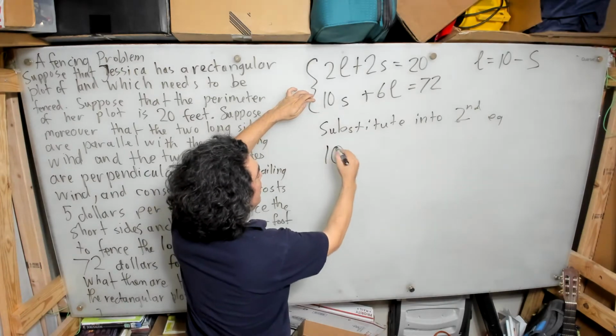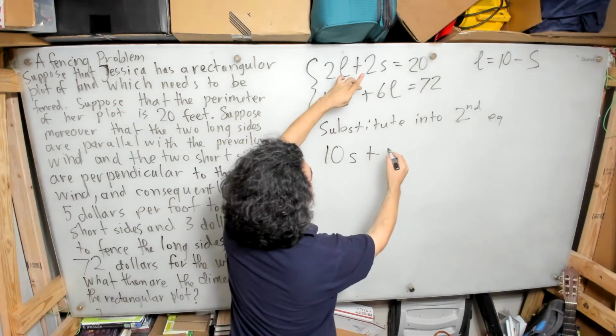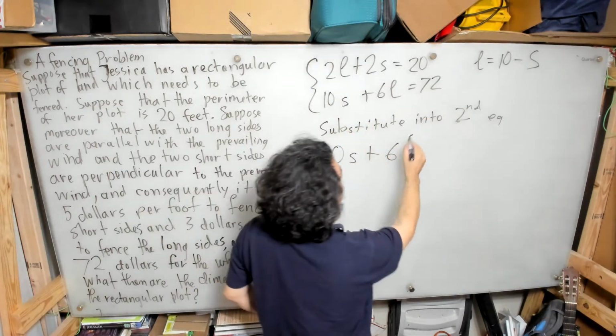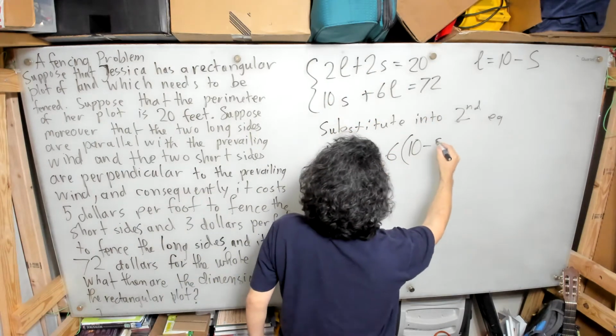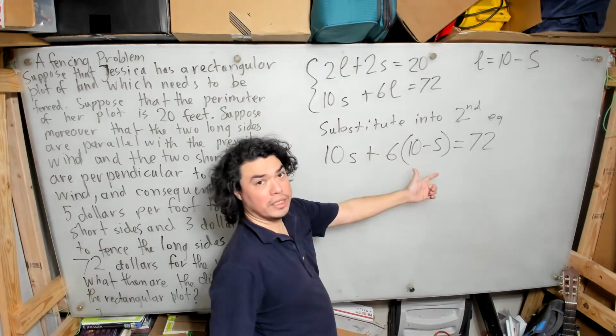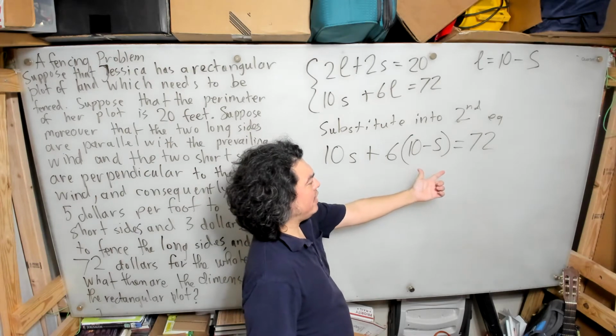So I have 10S plus 6 times, what is my L? It's 10 minus S. So I'm going to put that in parentheses here. Now many students might forget to put these parentheses and might end up making a mistake here for that reason.